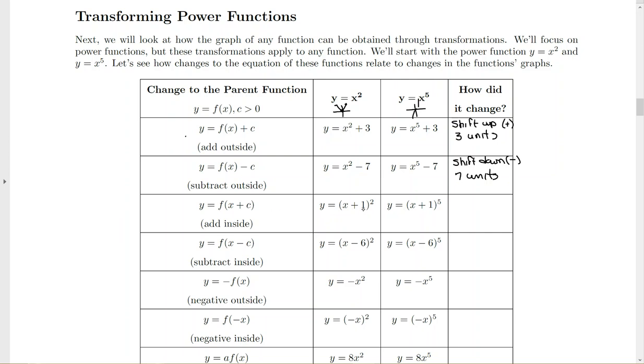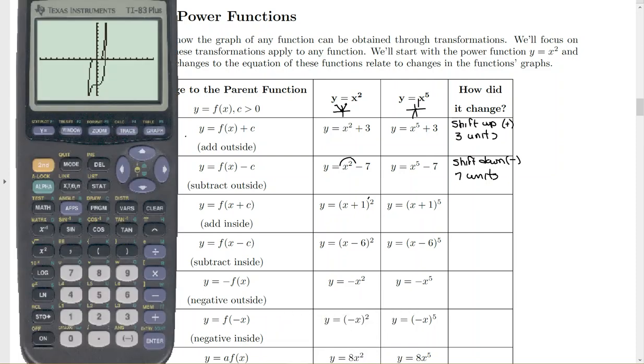Notice this is different though. Now we are adding and subtracting again, but we're inside the parent, as here we're outside the parent. The parent was x squared, the -7 outside. Here it's a square, but we're inside of that parent function. So if we add inside, let's see what happens here. I'm going to need to switch up some equations.